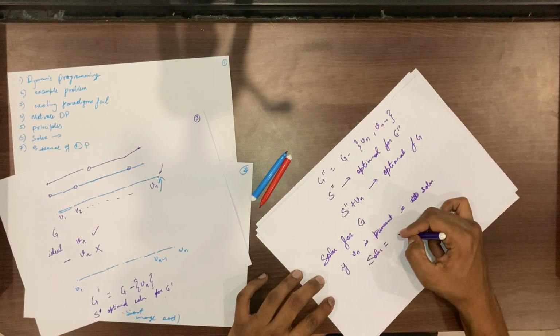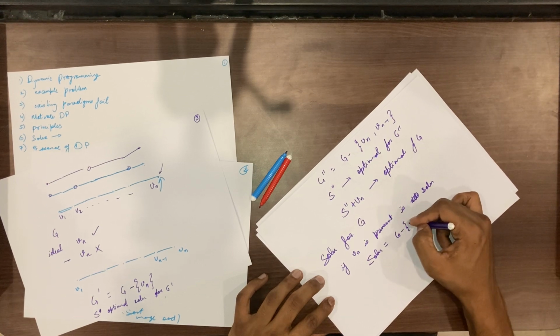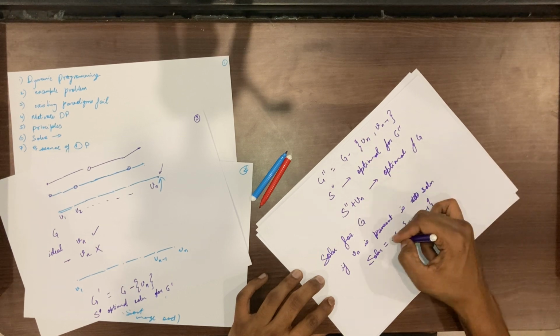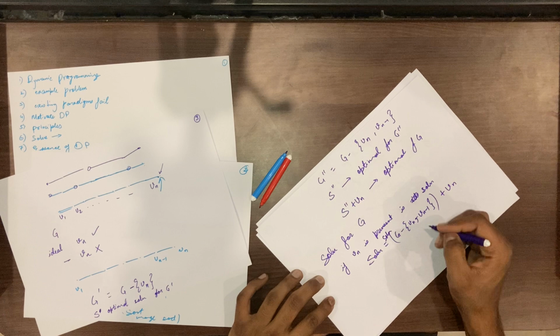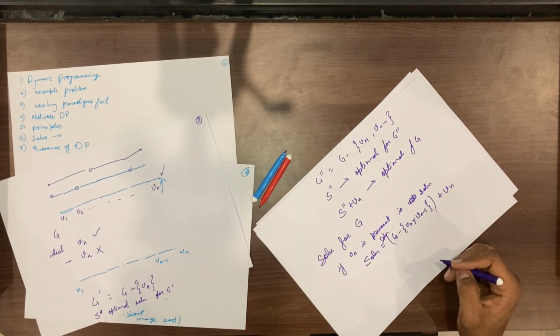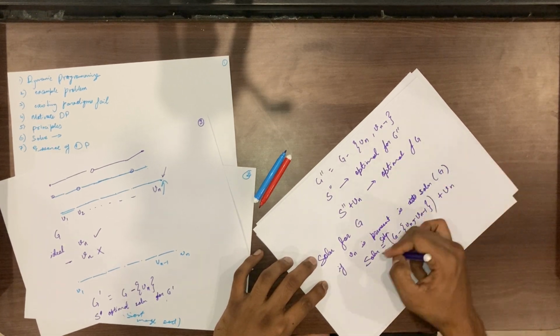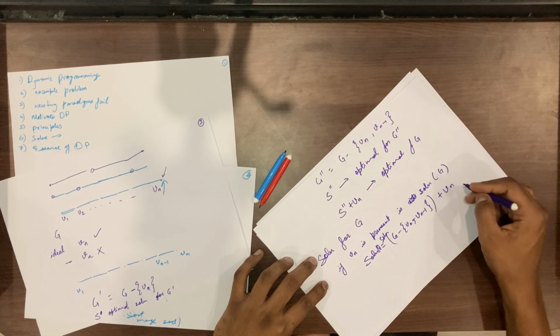Suppose solution is a function which returns a solution for the graph. So if Vn is present in the solution of G, then the solution of G is equal to the solution of G minus these two vertices, Vn and Vn minus 1, plus Vn.